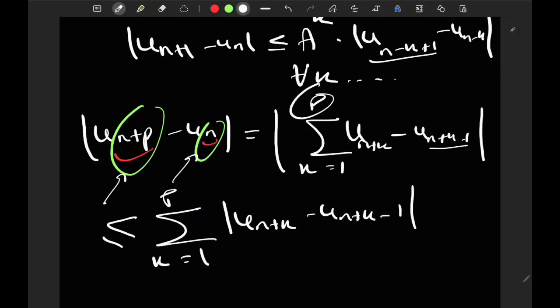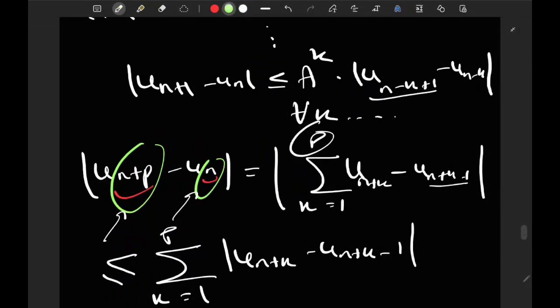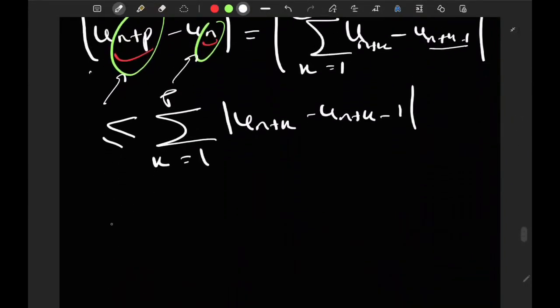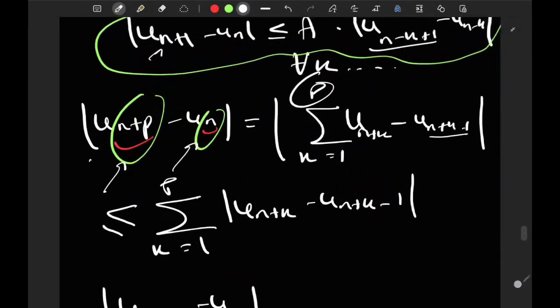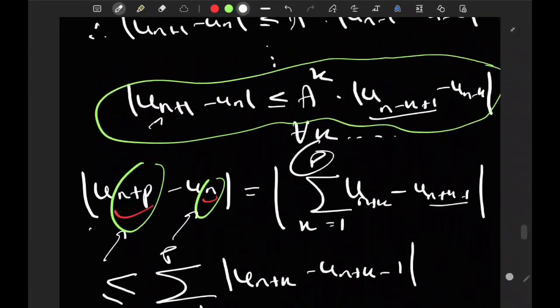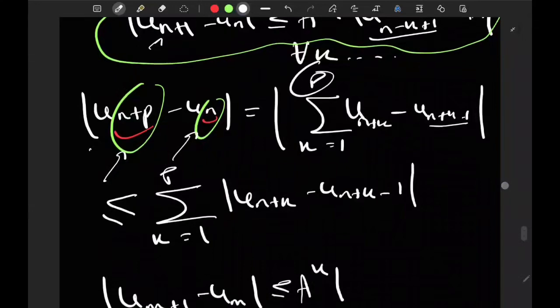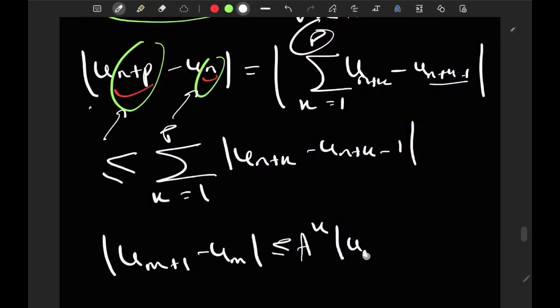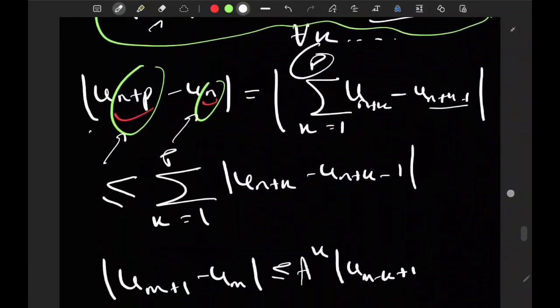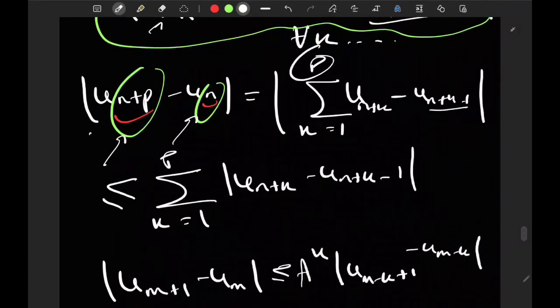Now I look back at this golden formula here, and to not confuse the n here with the n here, let me call this m. Let me rewrite this formula as |u_{m+1} minus u_m| is less than or equal to a^k times |u_{m-k+1} minus u_{m-k}|.